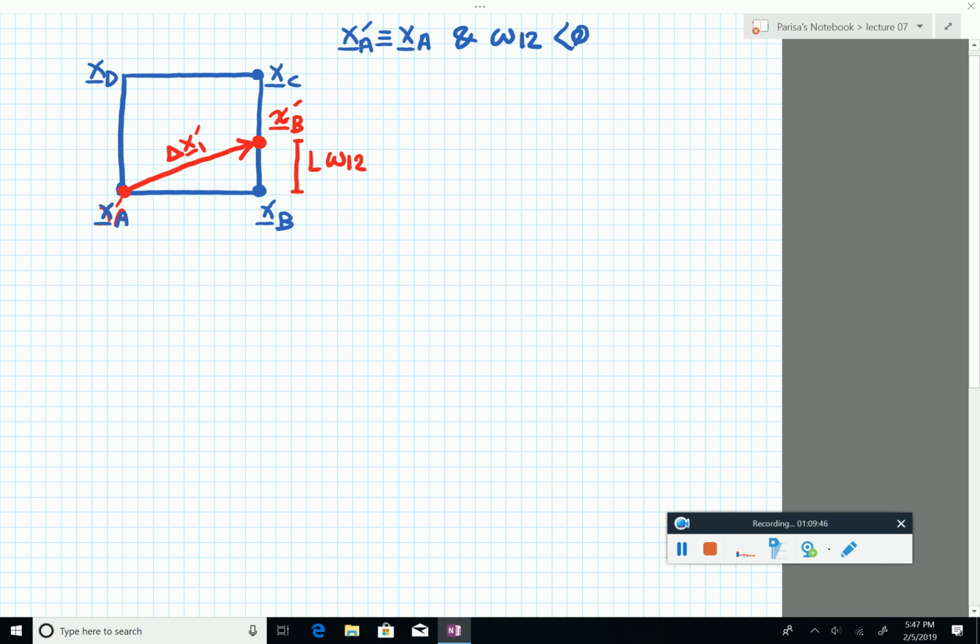Draw the delta x2 prime. Look back at the components. Make sure you know what everything is.